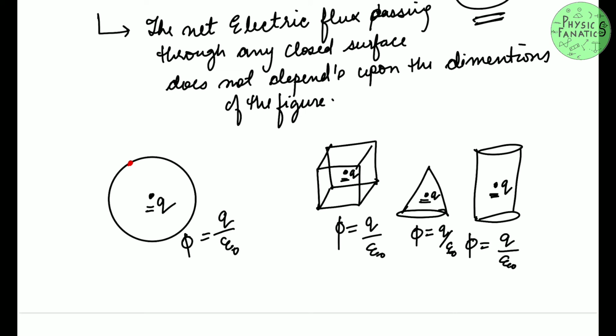It will be difficult for us to calculate the values. If you put your charges at the center, there are tricks to do it, but you have to make sure you do something so that the charges come at the center of the figure.